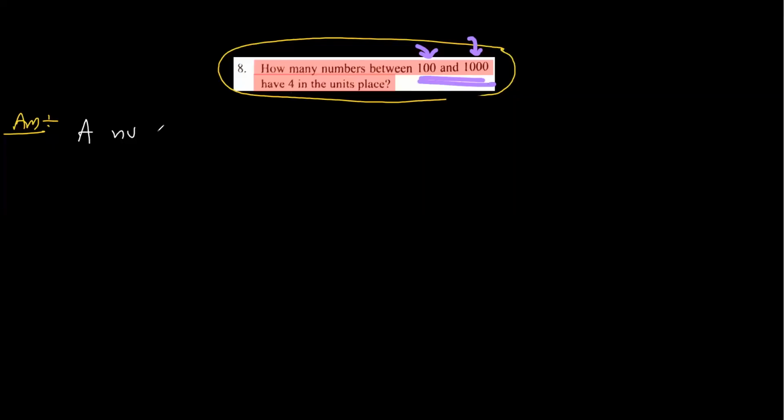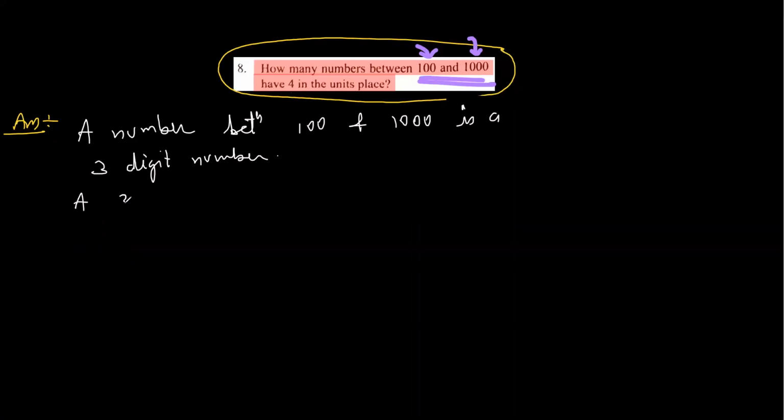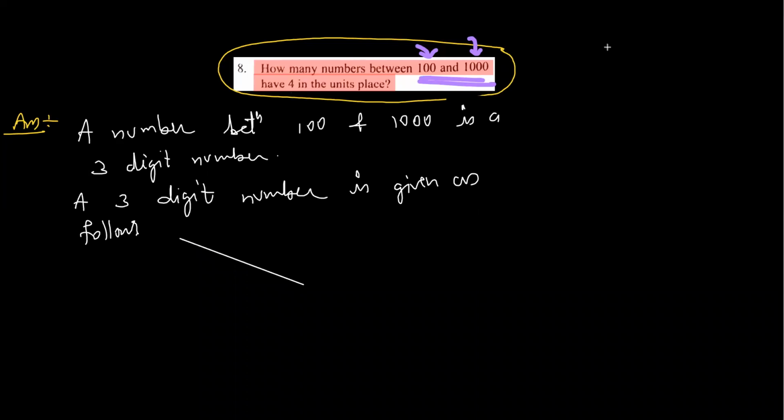I will write the answer. A number between 100 and 1000 is a 3-digit number. A 3-digit number is given as follows: here you will make a 3-digit number.